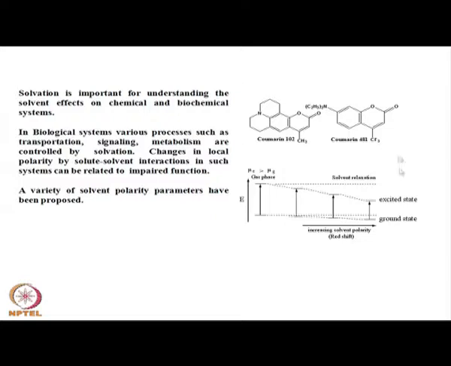So commonly used dyes can be used to understand solvent effects or solvation effects in chemical and biochemical systems.